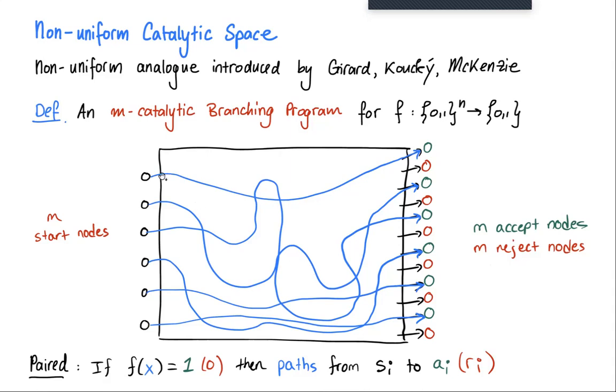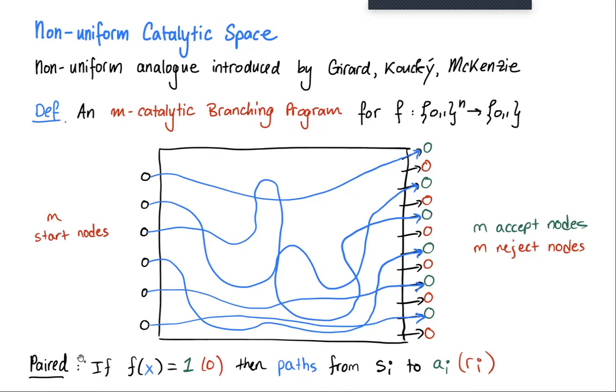So it has M start nodes, and it has M accept nodes and M reject nodes here on the right. And on every input x, the query gates in this branching program evaluate in a way that we get paths from a start node to either an accept node or a reject node. And they are paired in a very special way.